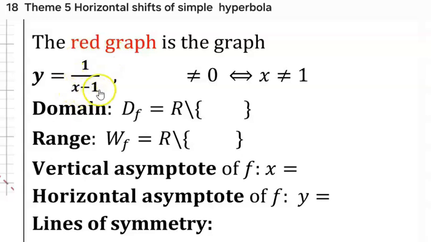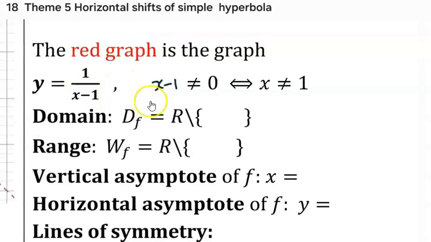If we look now at the red graph, we will look at this sketch again, but the algebra here: I can only compute y equal to 1 over x minus 1 when the denominator is unequal to 0. So x may not be 1. That means in the domain I may not have 1. So I exclude the number 1, which will cause the denominator to become 0.